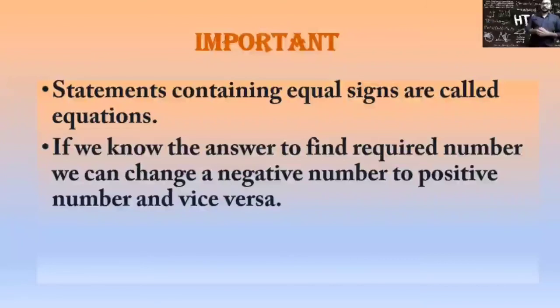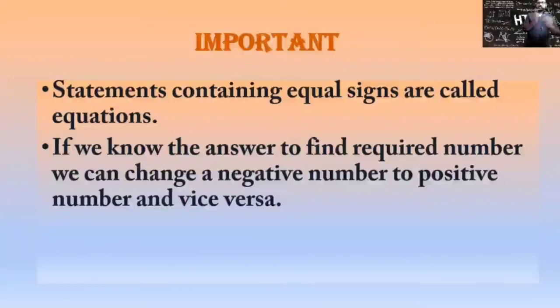Clear? Very good. And if we are given an answer to find our required number, we have to change the reverse. We can apply the reverse also. That's why the words vice versa are used. To find our required number, we can change our positive number to a negative number also.